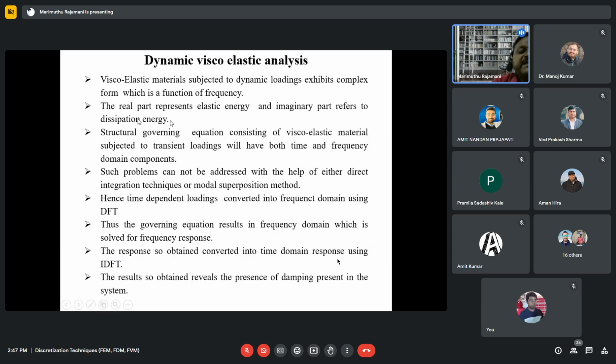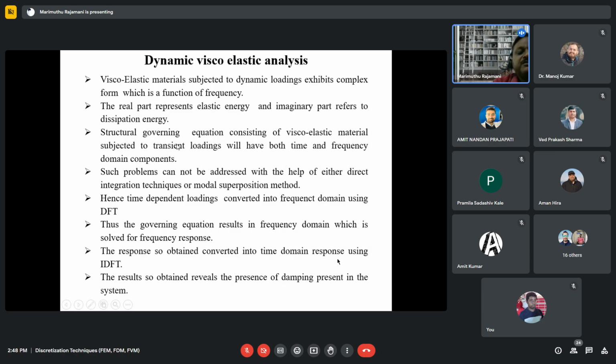So, when your elastic property itself is complex and you put it in the governing equation, you will get the stiffness in the form of real and complex parts, for viscoelastic materials subjected to dynamic loads. I'm not talking about transient loads.